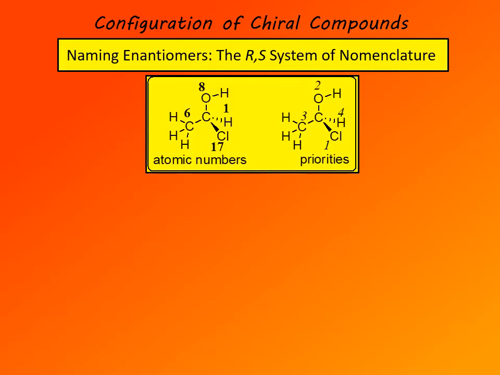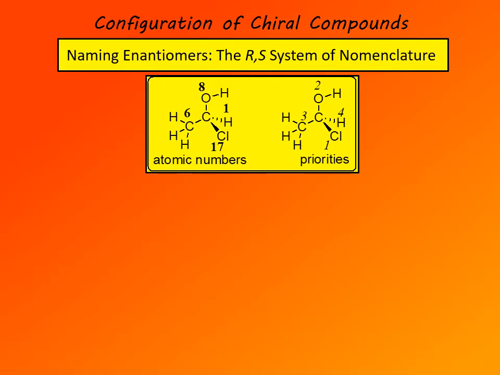This is the system of nomenclature that you have already encountered when naming isomers of alkenes, EZ nomenclature. It's the same nomenclature introduced by the same scientists and follows the same rules. While in an alkene, each carbon had two different substituents, and all you needed to do was determine which of the two substituents had higher priority, now each chirality center has four different substituents.